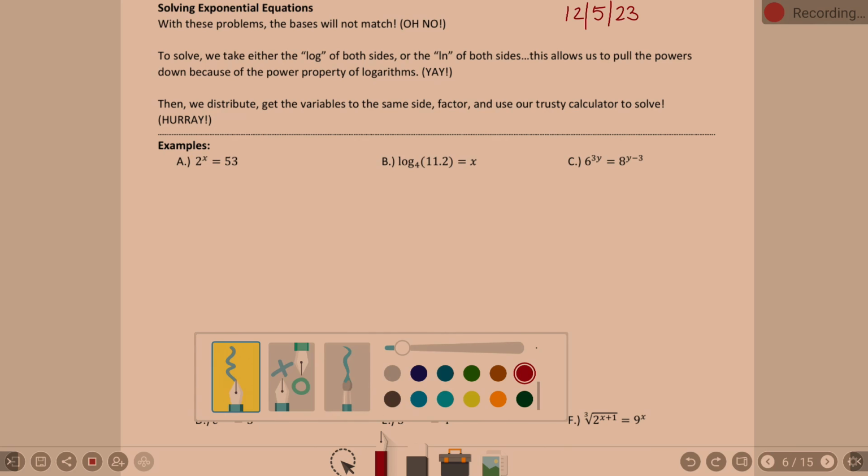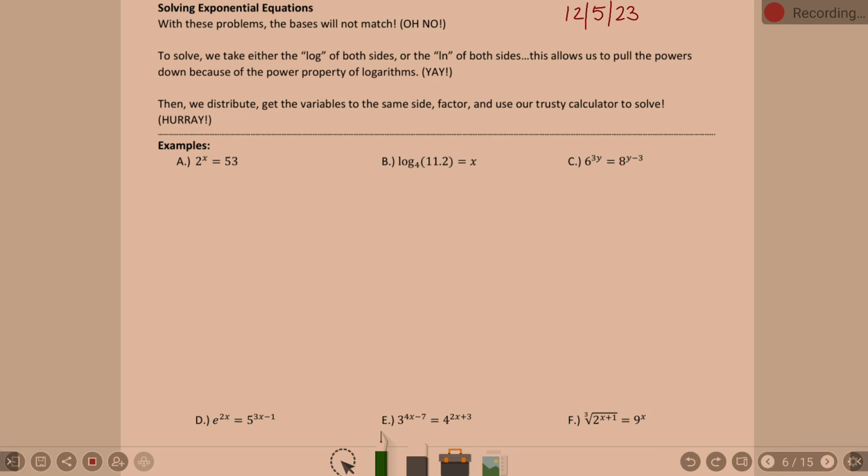When I say take the log of both sides, basically I'm going to write this as log of 2 to the x equals log of 53. In this problem, I don't think it matters. If you would rather write natural log, you can use natural log. Keep in mind, our job is to solve for x.